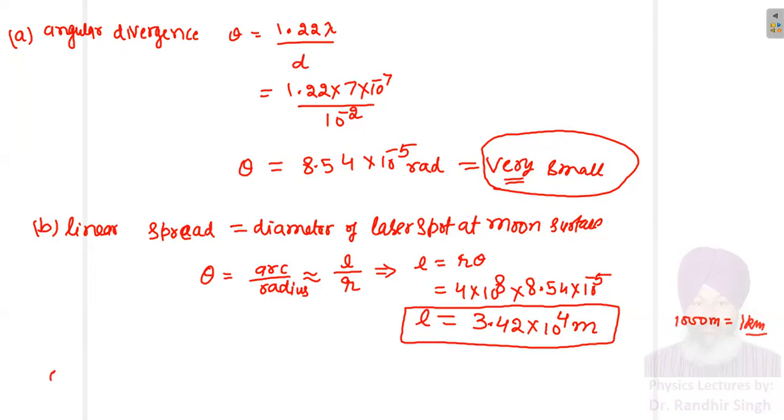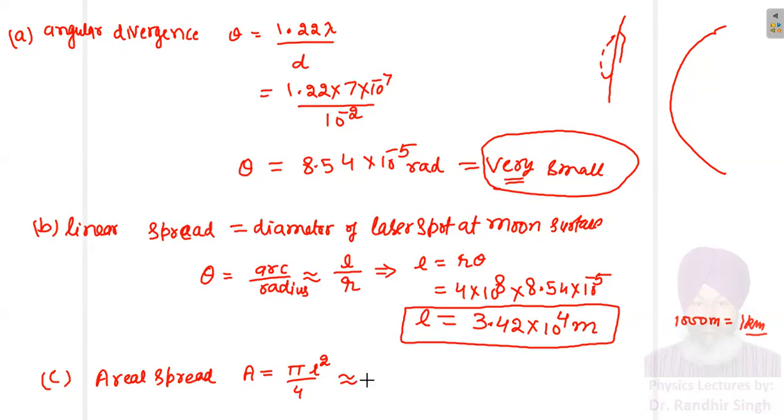Let us now do the C part. This is the areal spread. So it is usually L square. We do not take 5 pi by 4; we take it to be approximately equal to 1. You have to take this factor into account. The large distance between the moon and earth and the round shape of the surface of the moon result in correction of this formula into this formula.